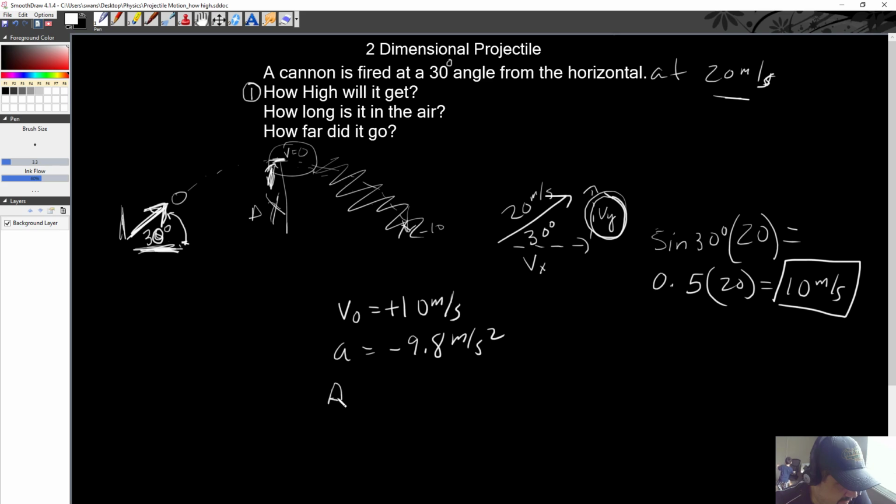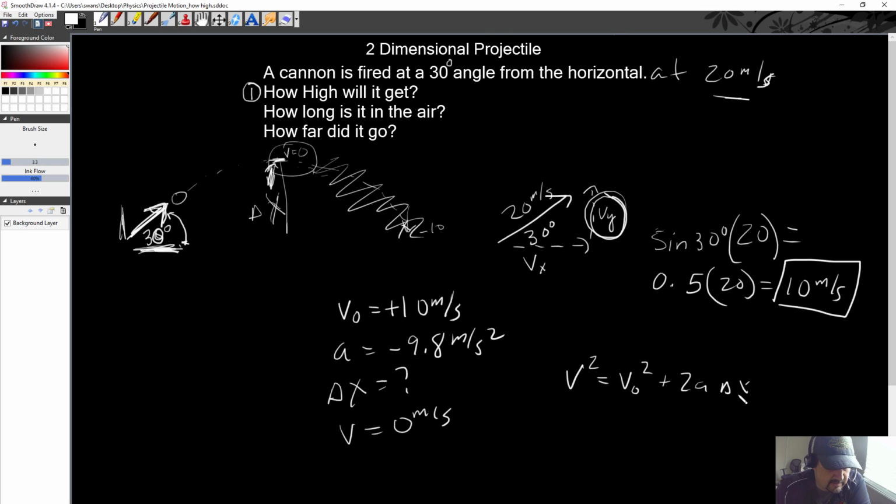We are looking for delta x, and we know the final speed will equal 0 meters per second when it gets there. The equation for that is this one, the only one that will fit: final speed squared equals starting speed squared plus 2a delta x.